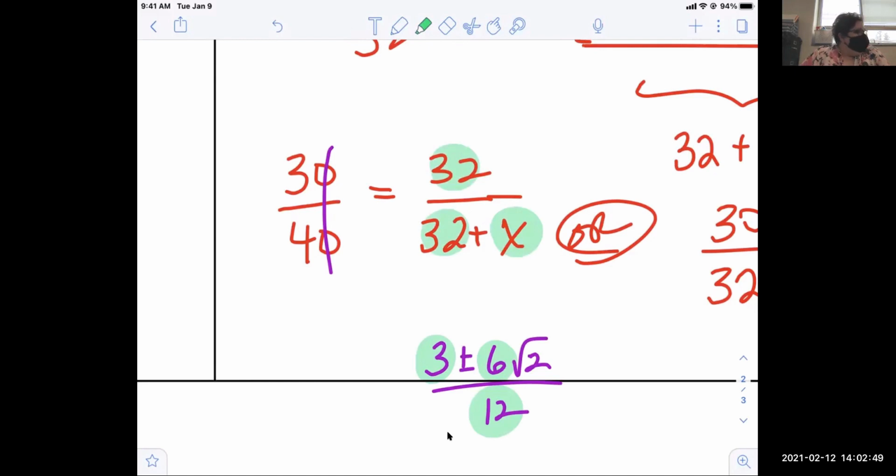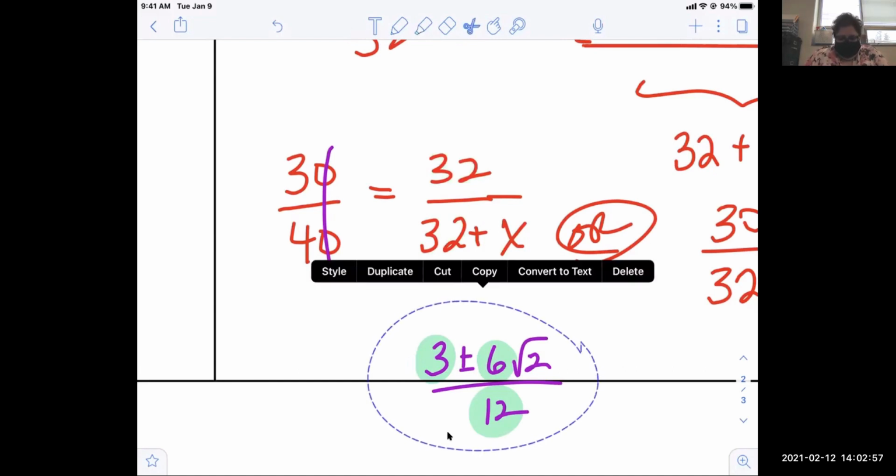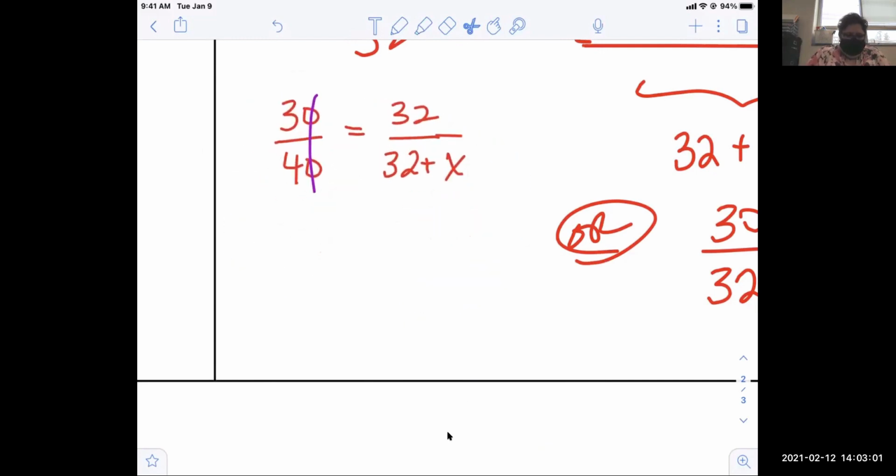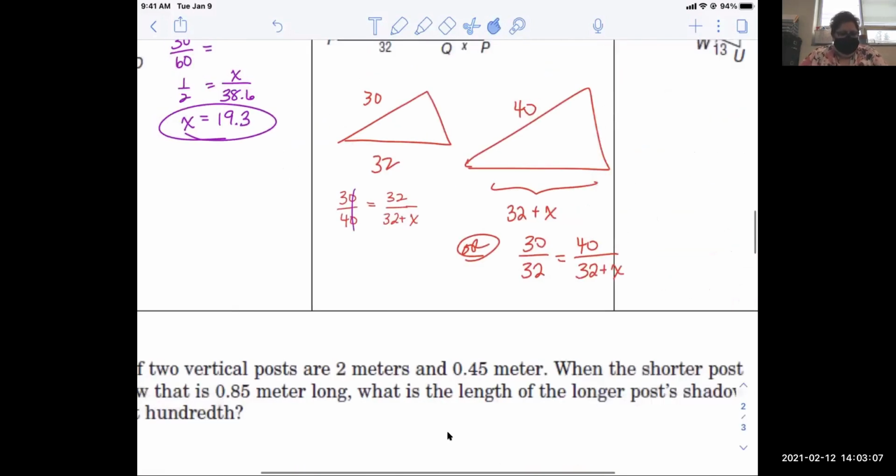And obviously there's not a 32 there. So you're not going to be able to just cancel out the 32 there. So be careful. There's lots of algebra pitfalls that happen on these problems. So just watch out for those things. Okay. And then I know you know how to cross multiply and solve. I'm not going to do that because I don't want to take the time to do that.